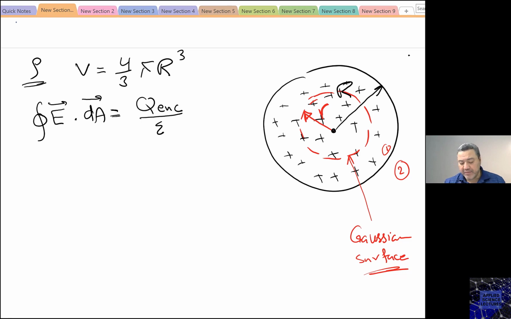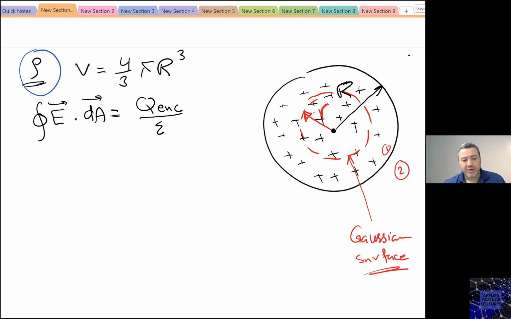No, I have charges everywhere distributed uniformly based on this volume charge density, which means as long as this Gaussian surface is sweeping, the volume is increasing within this closed surface, which means it will enclose more charges.